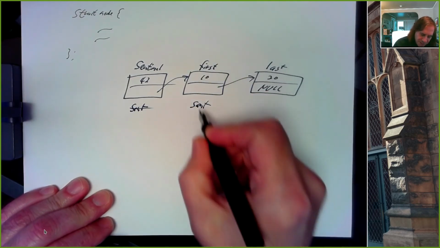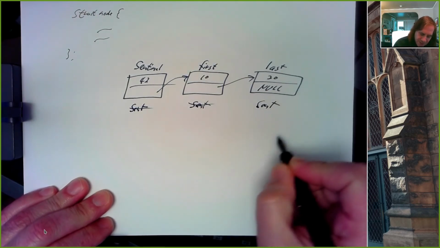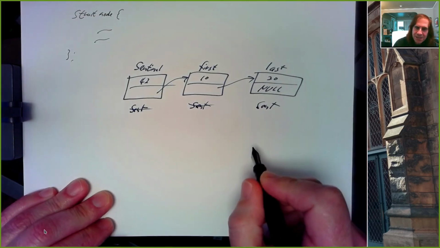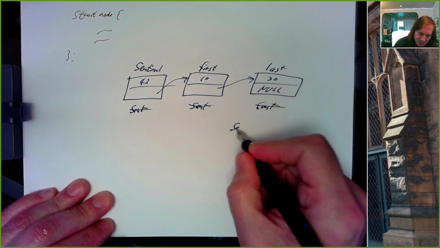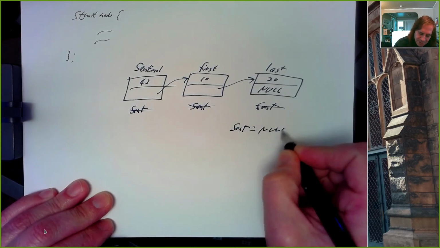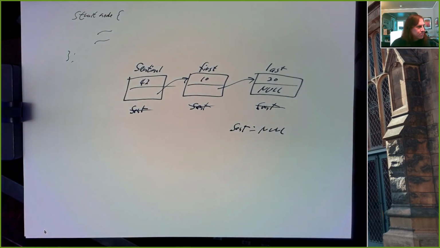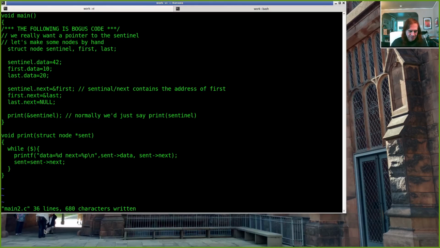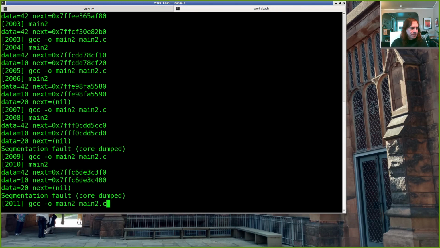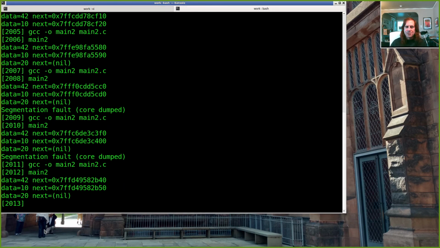We print the data in the next. We change Sentinel to be here. We still want to print the data in the next. We're still okay. But then when we set Sentinel equal to Sentinel next, Sentinel equals null, that's when we want to stop. If we try to print the data field again, we're going to seg fault. So this can just be, well, sent is not equal to null. And there's a nice traversal.